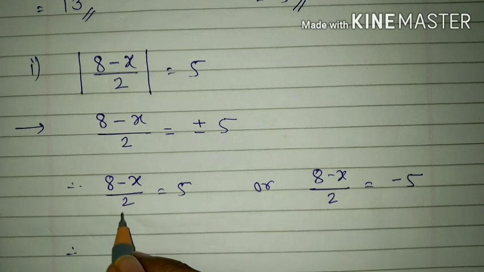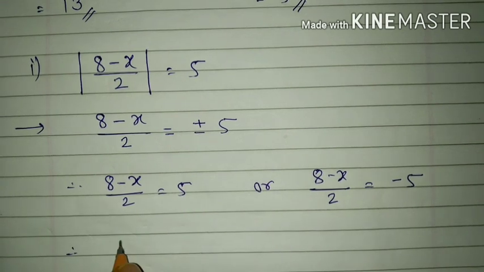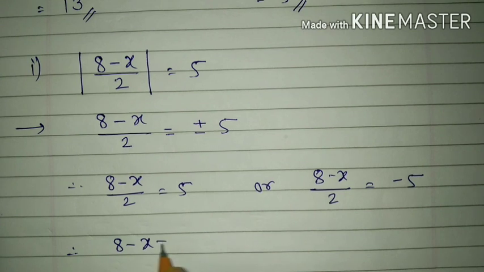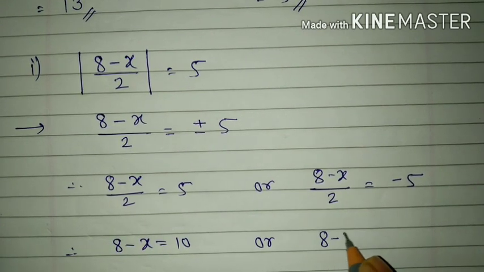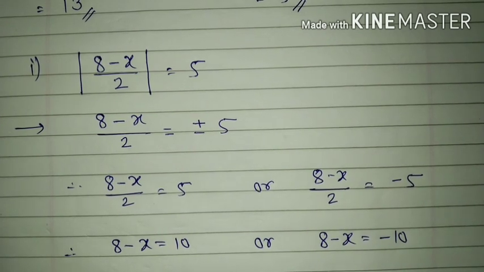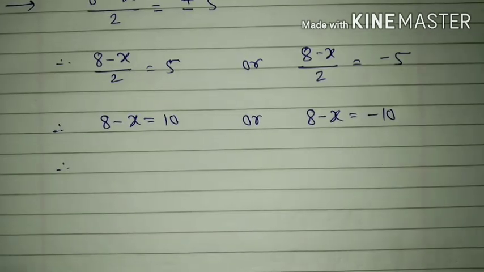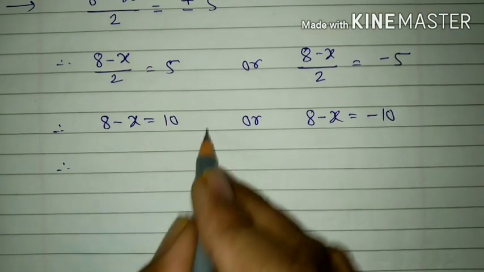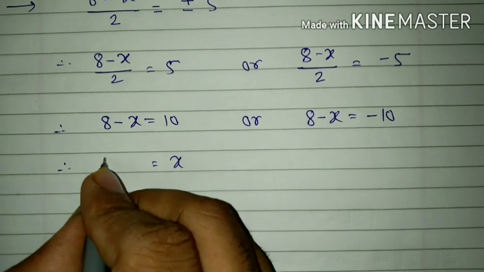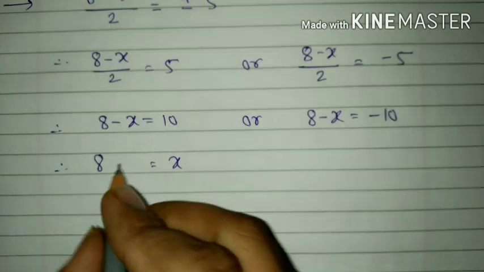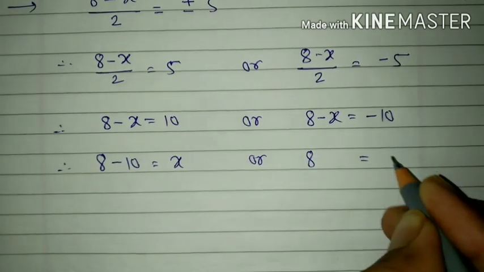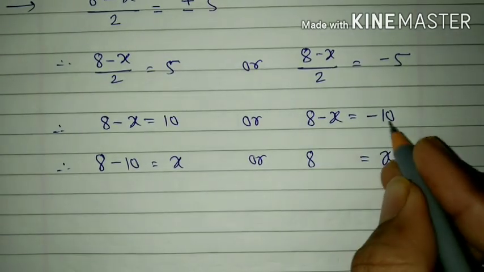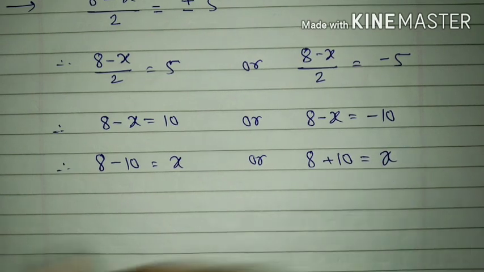So therefore 2 here divide है, यहाँ पे जाके मल्टीप्लाई होगा. It becomes 8 minus x is equal to 2 5s are 10, or 8 minus x becomes 2 5s are 10, but minus 10 is there. So therefore minus x becomes plus x here, and 8 is already here, plus 10 becomes minus 10 here, or 8 minus x becomes plus x, minus 10 becomes plus 10.